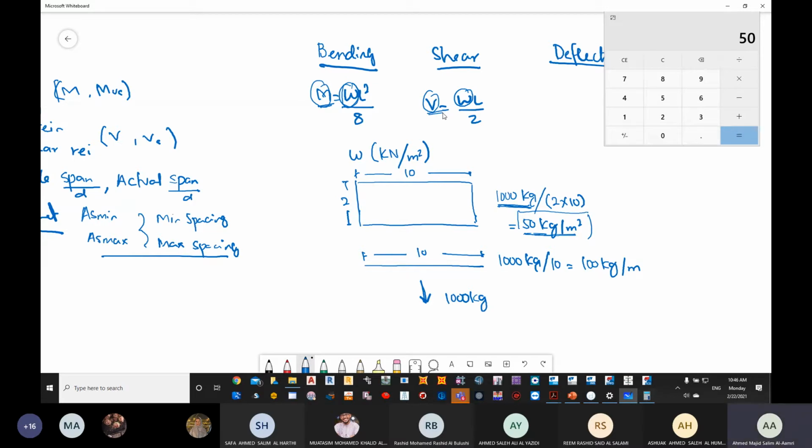If my shear or V is very small, then I don't require to go for extra shear reinforcement. So when it comes to slabs, due to the fact that the slab is a large area and my loading is divided into a large area, my moment and shear are very small. And you will see that always your slab is going to turn out to be a singly reinforced section.